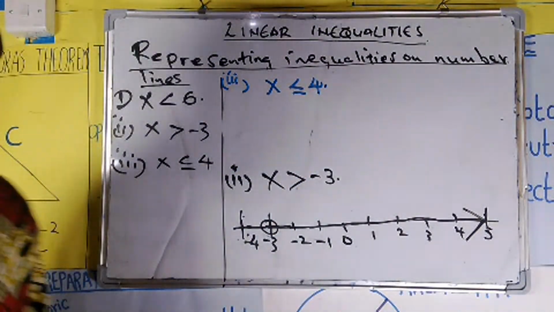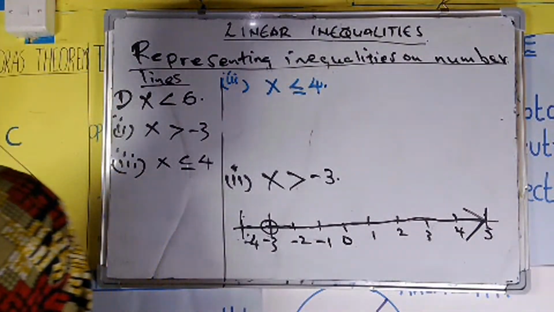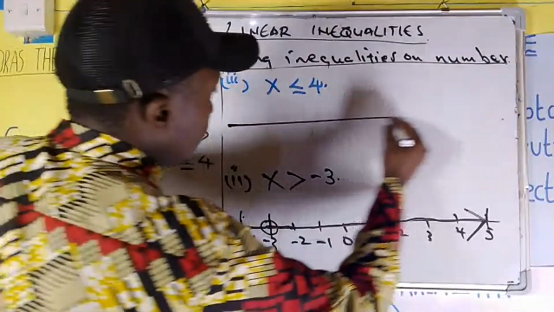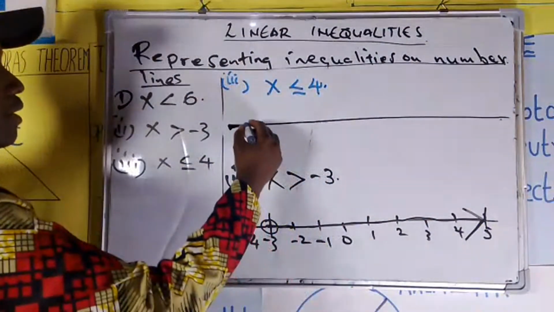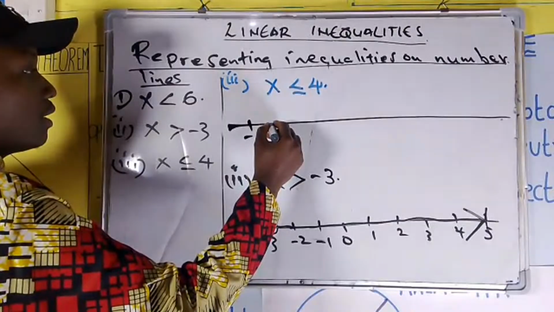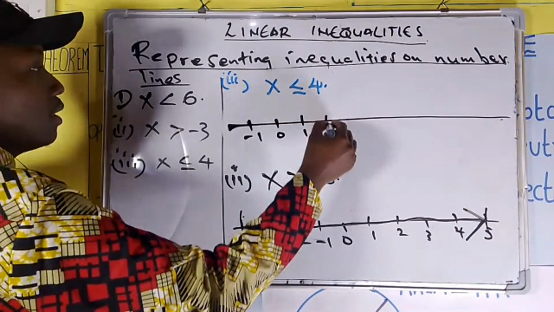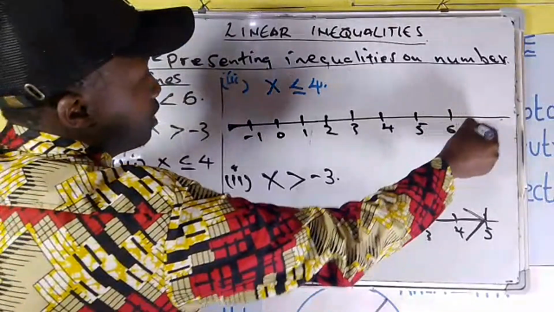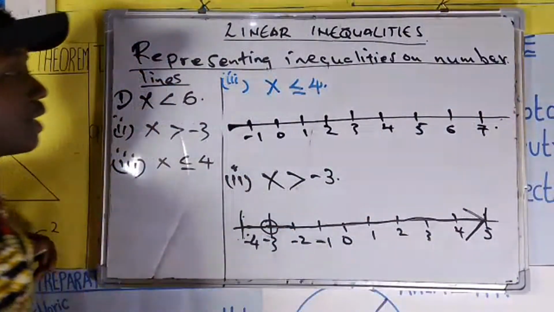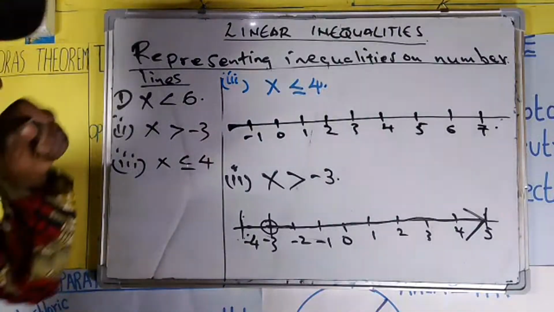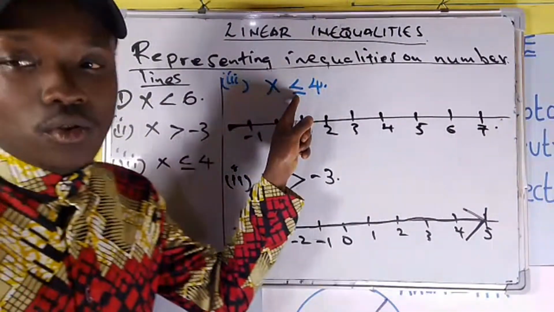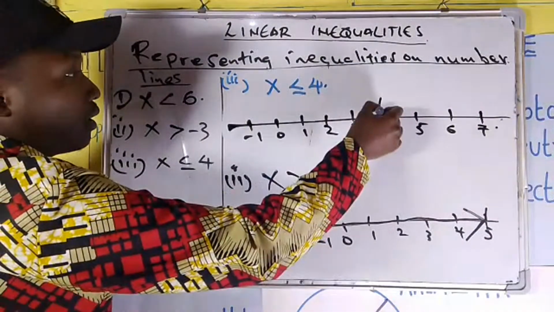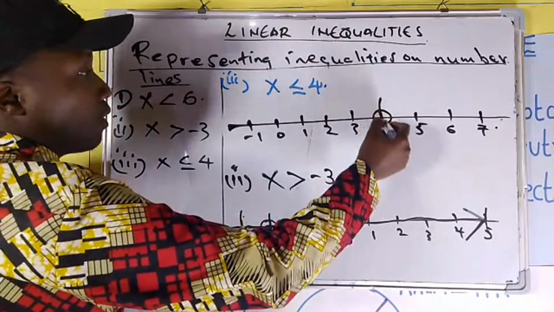In this one, we draw our number line again, and we can start from anywhere: negative 1, 0, 1, 2, 3, 4, 5, 6, 7. We can have up to there. But we have been told x is less than or equal to 4, so we come to 4 here and draw our circle.